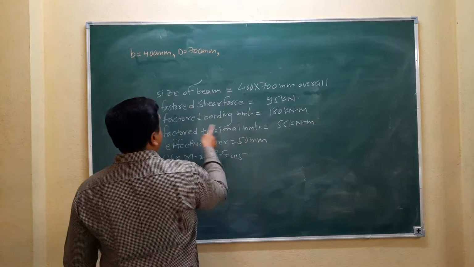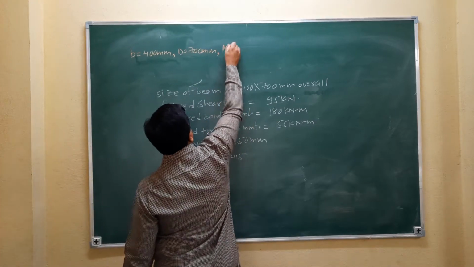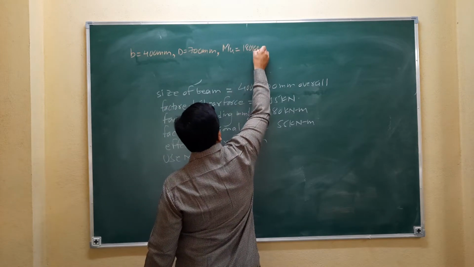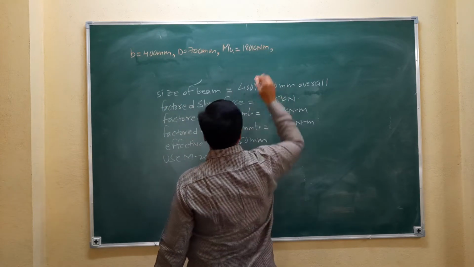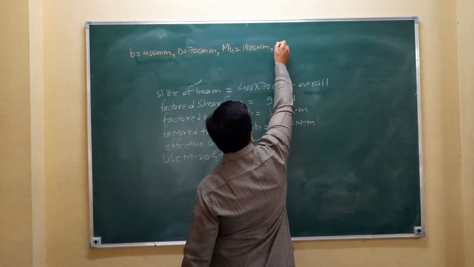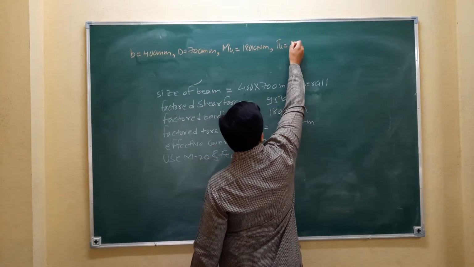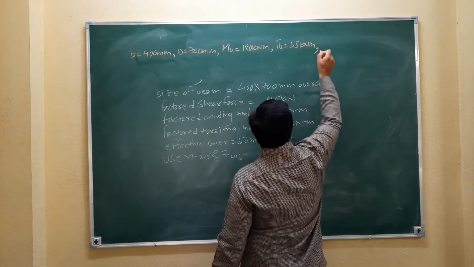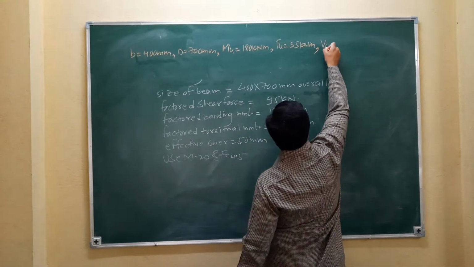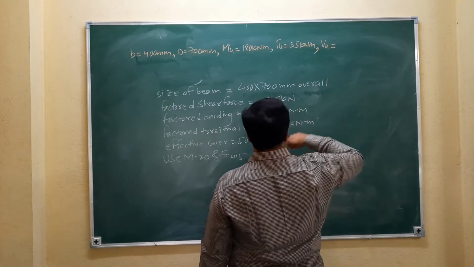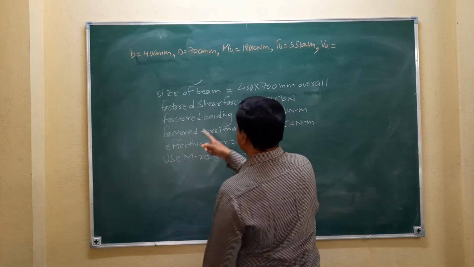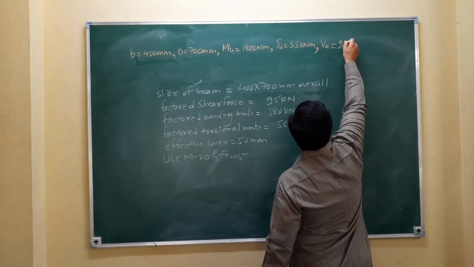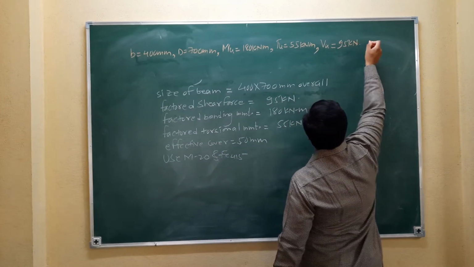Factored bending moment Mu is 180 kilonewton meter. Factored torsional moment Tu is 55 kilonewton meter, and factored shear force Vu is 95 kilonewton.